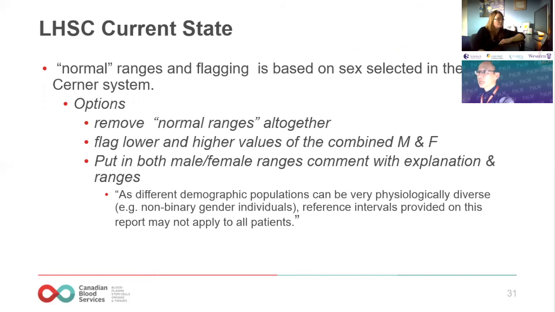We could have a combined normal range that includes both the male and female range, or we could put in both the male and female ranges with an explanation, such as: demographic populations can be very physiologically diverse, for example, non-binary gender individuals. Reference intervals provided on this report may not apply to all patients. This allows the interpretation of a particular level, we're looking at hormonal level, in terms of the patient's context.